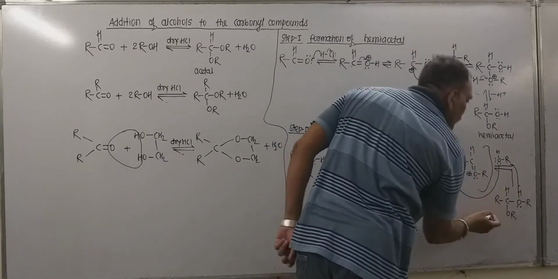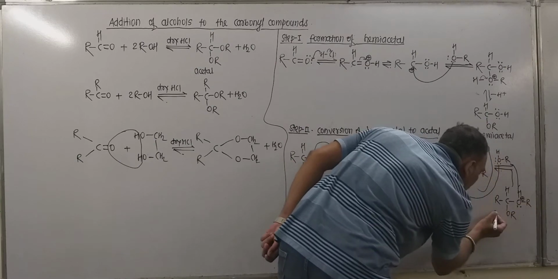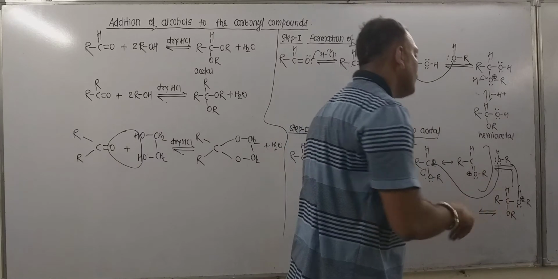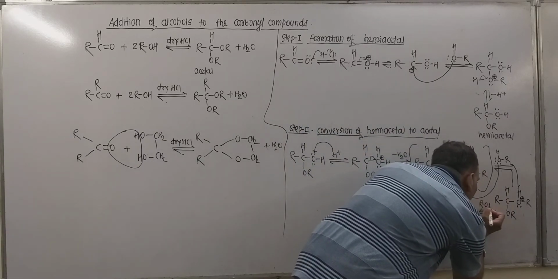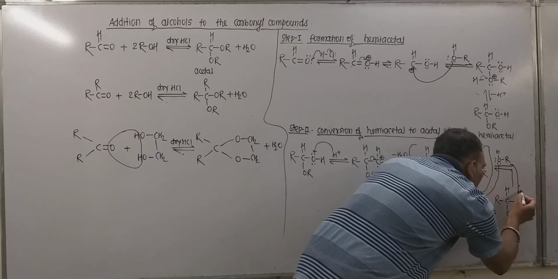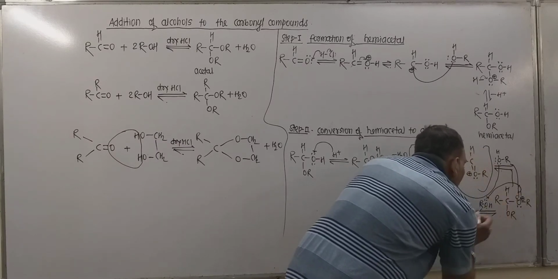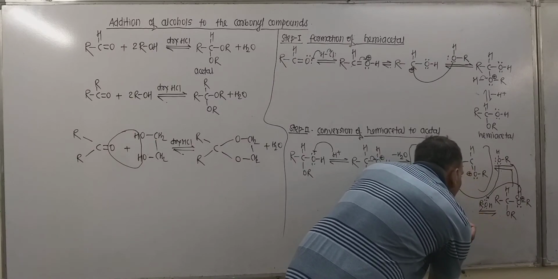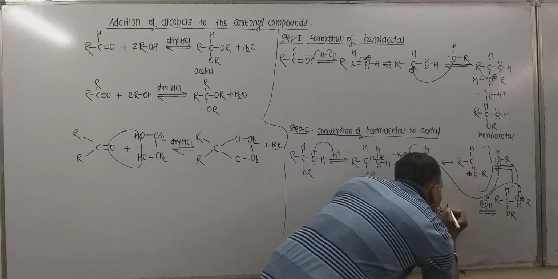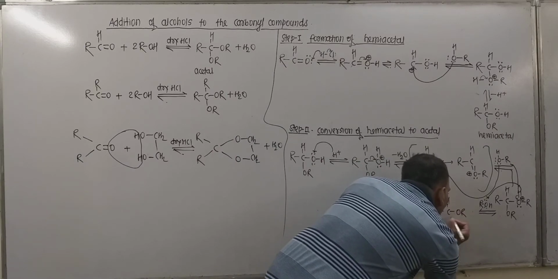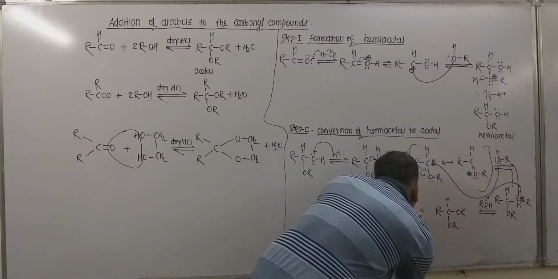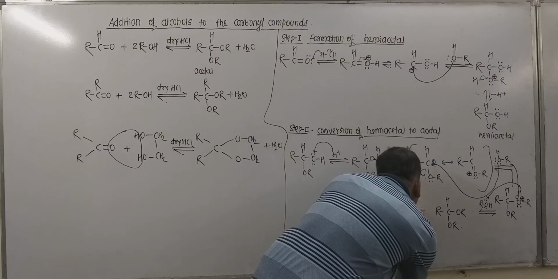Now this intermediate so obtained further loses a proton to another alcohol molecule, so alcohol can be given as. Now this electron pair remains at the oxygen, and this proton gets lost and gets received by alcohol itself, and leads to the formation of a product which we call the acetal, along with ROH2, that is the intermediate.